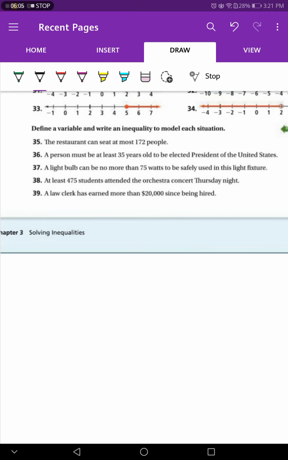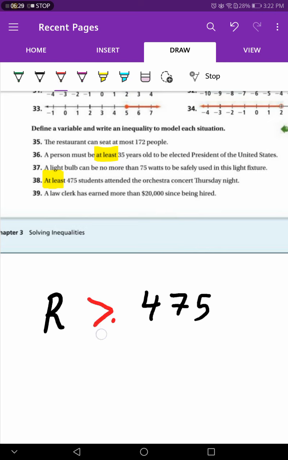We choose the letter, and the number 475. Now, at least. What do we mean by at least? Greater than, or equal. So greater than is the sign, yes? Okay.